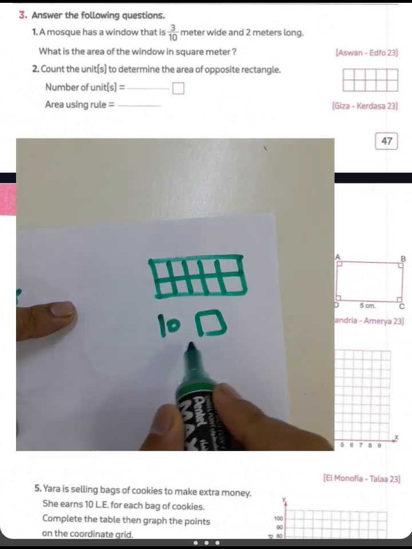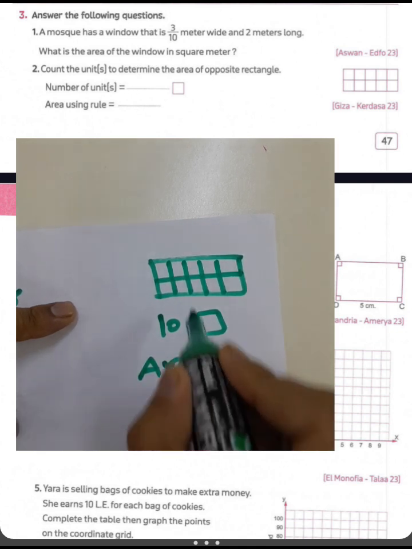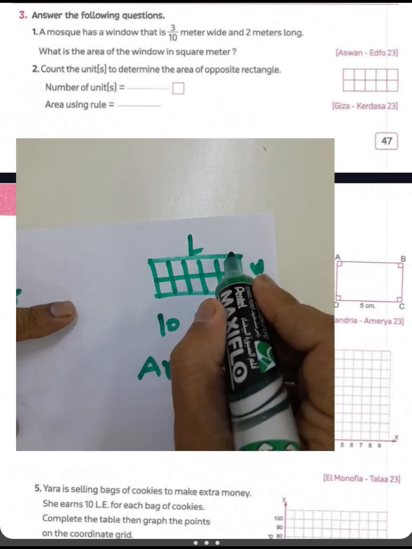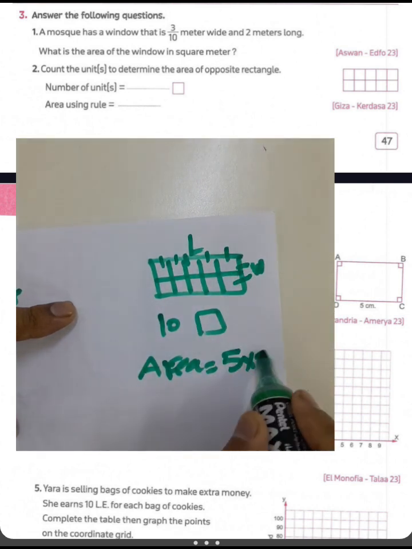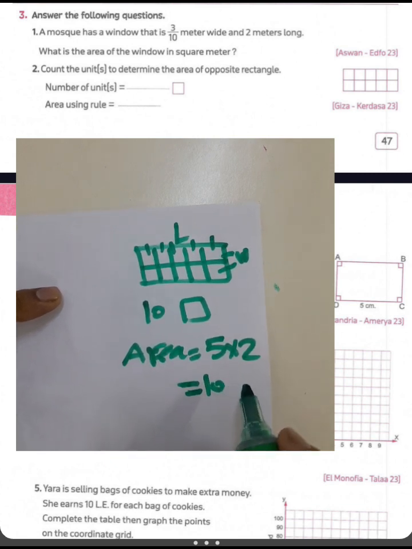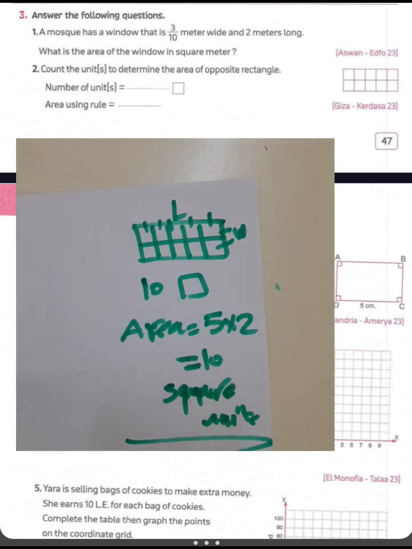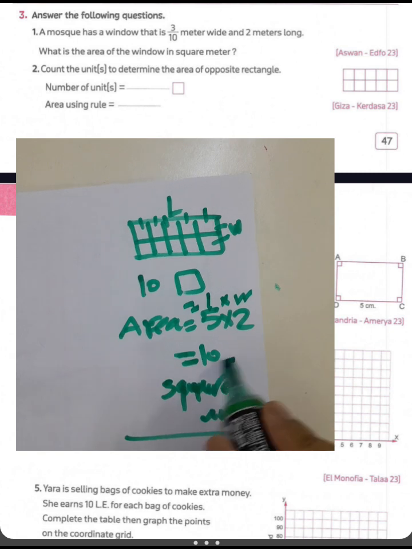And the area, using the rule, we can write area equals length times width. The length here is 1, 2, 3, 4, 5. The width is 1 and 2. 5 times 2 equals 10 square units. Okay, the area by using the rule length times width, 5 times 2 equals 10.